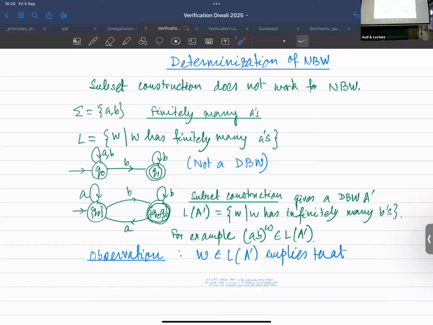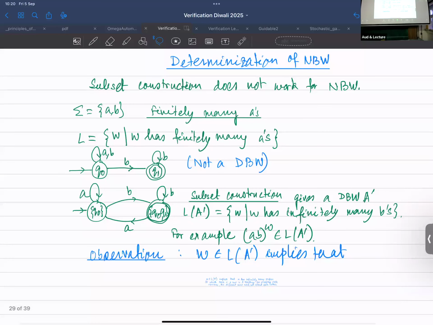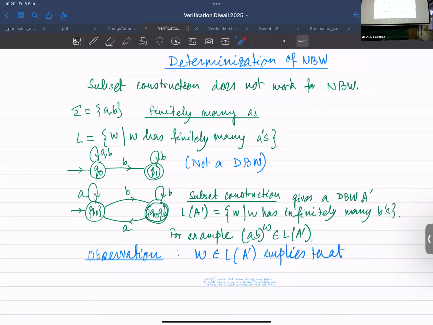One of the things I'll try to say is that if a word w is accepted by this automaton, then there are infinitely many prefixes for which you can find a run in this automaton that reaches an accepting state of this automaton.